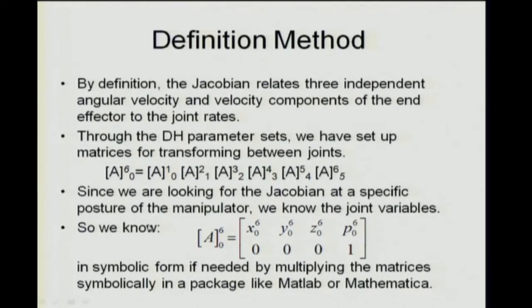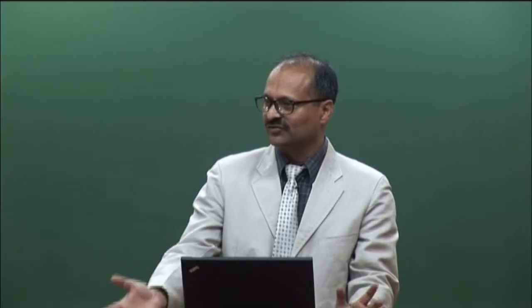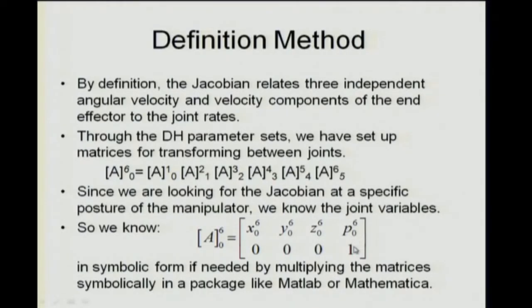It's quite simple. We know how to calculate A60, and we know that A60 looks like this. So we know P06, the position of the end effector in the 0th frame. This is a vector, 3 down: x component, y component, z component.